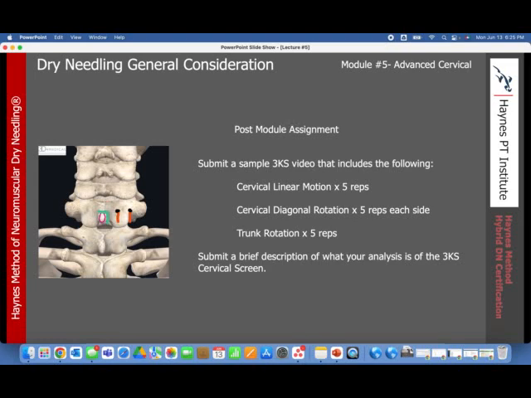We want to see cervical linear motion times 5 repetitions. We want to see the cervical diagonal rotation times 5 repetitions on each side, and then trunk rotation times 5 reps. And what I want you to do is submit a brief description of what your analysis is of the 3KS cervical screen.